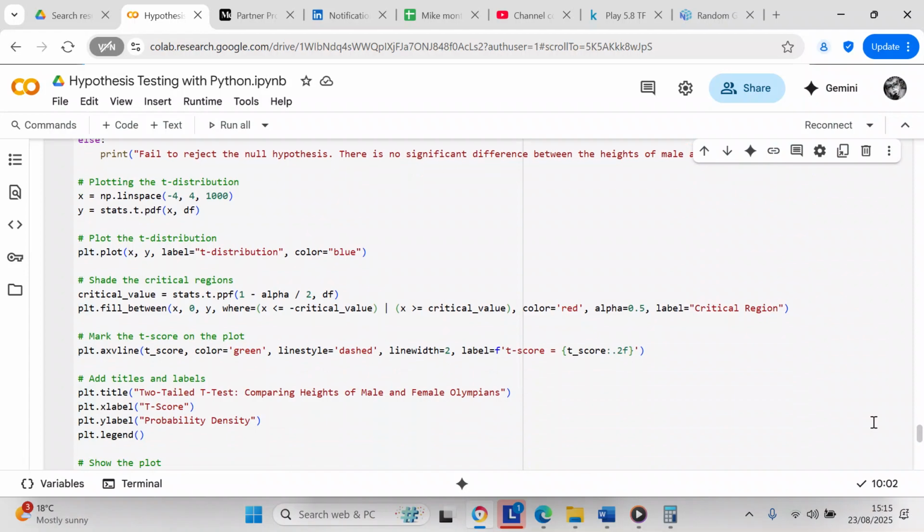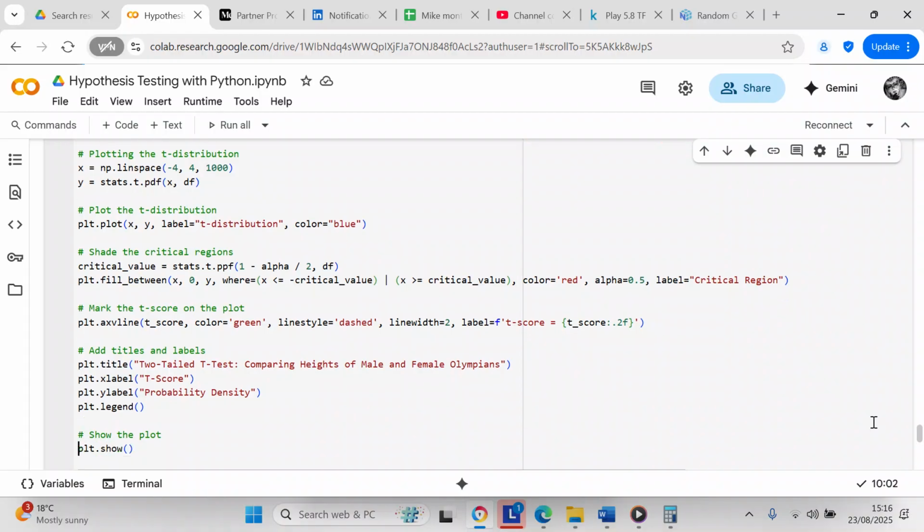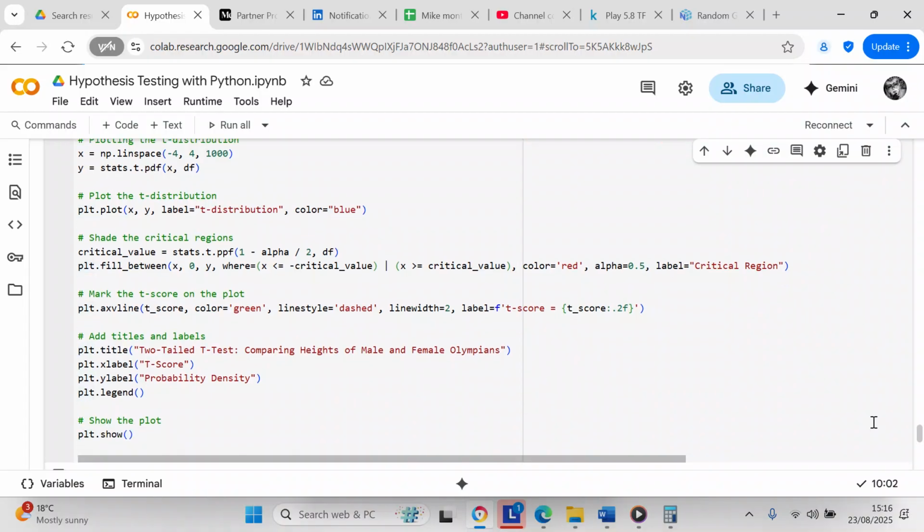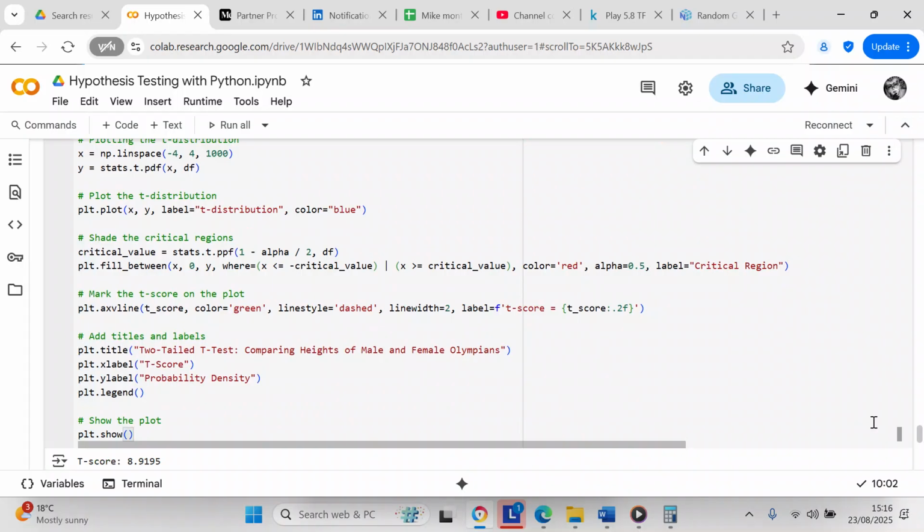The title is Two-Tailed T-Test Comparing Heights of Male and Female Olympians. Your x label is t-score, your y label is probability density, and then you've got your legend. So we're going to show our work, show the graph.